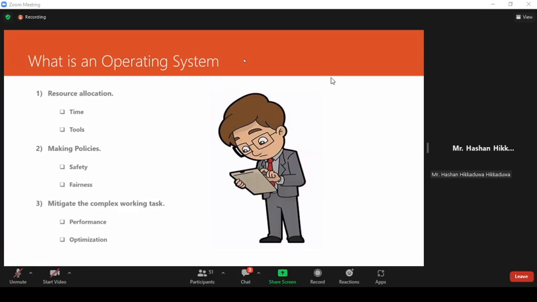Under resource allocation, the operating system needs to consider time allocation and tool allocation. Then policies: fairness policy and safety policy. Then mitigating the complex working task means performance and optimization. So that is about the operating system.